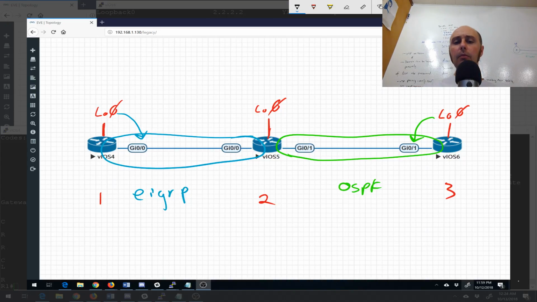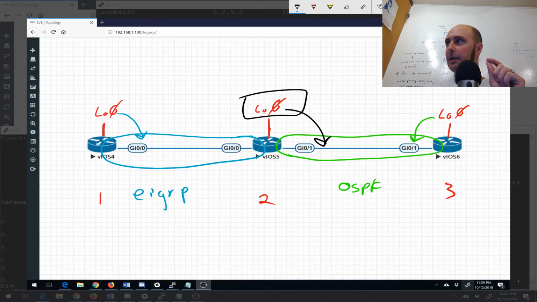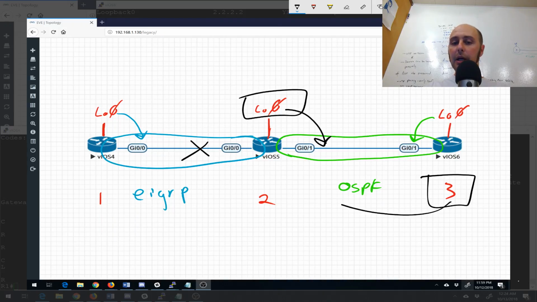So the very first scenario that I did, I took loopback 0 on router 2, redistributed it into OSPF, and what we found was exactly a true statement from INE, which was router 3 then no longer sees this upstream link between router 2 and router 1. It no longer sees it in its routing table.